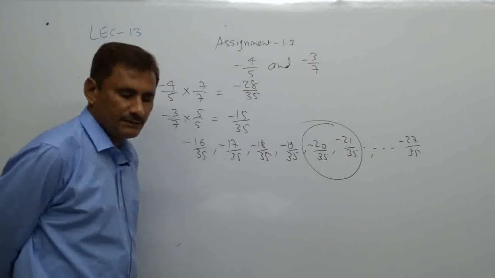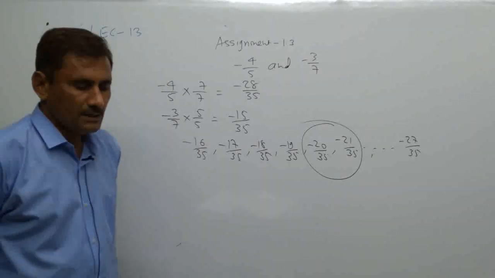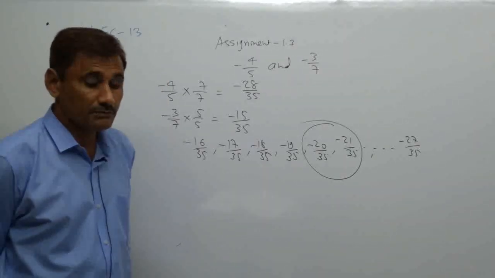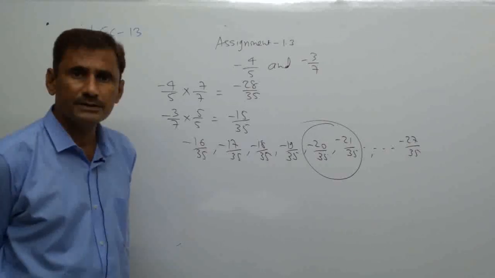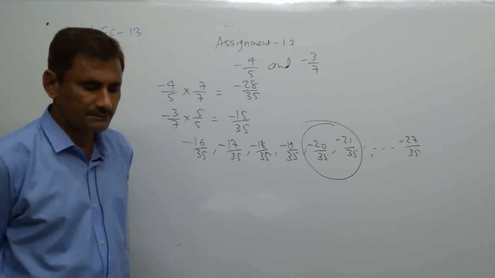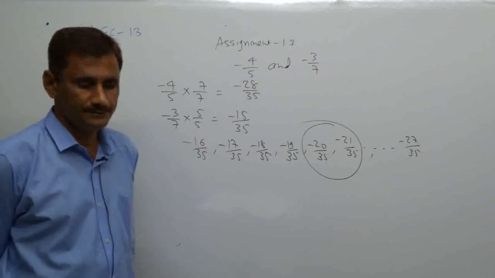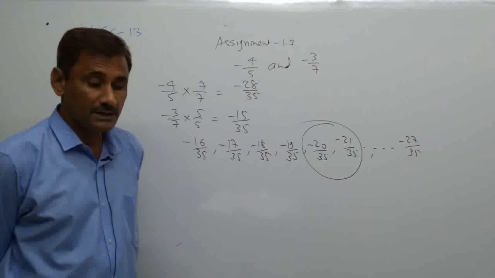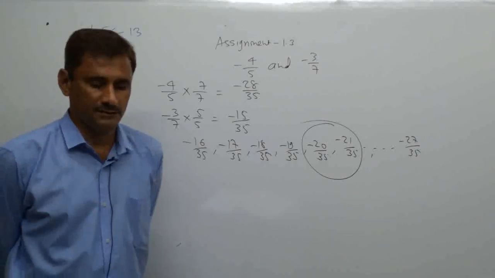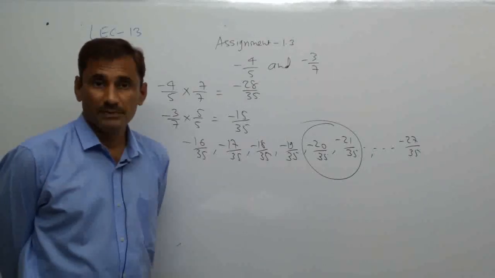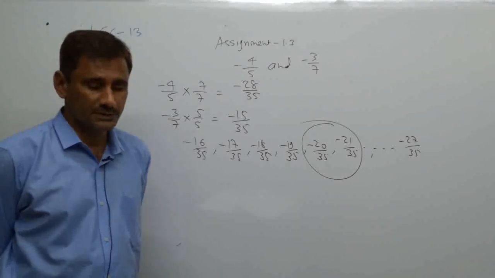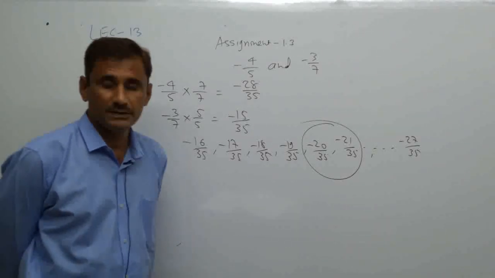Okay, now in the second one they tell minus 1 by 3 is between 0 and minus 1. Obviously, we know it. Minus 1 by 3 is between 0 and minus 1. Why? Because it is proper. Then minus 1 by 6 may be between 0 and minus 1 again, but that option is not there.